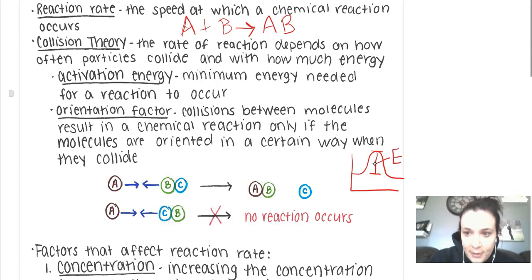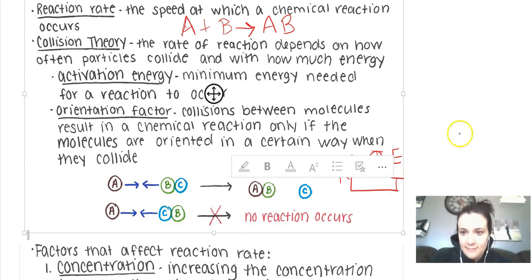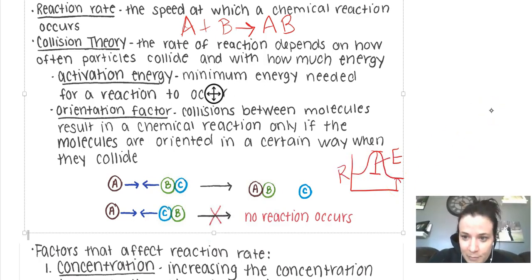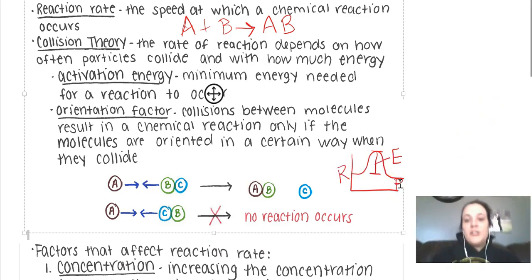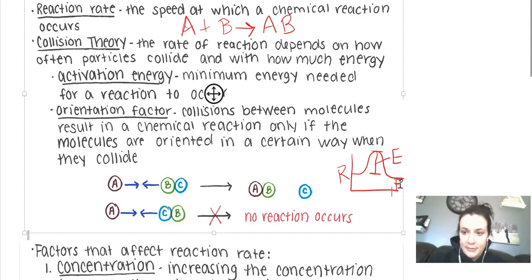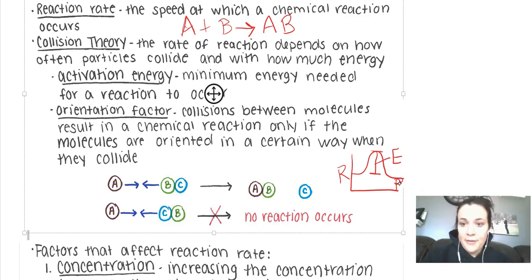So E is for energy. The reactants are over here on the left, and the products are over here on the right. So in order for a reaction to occur, in order to change from the reactants on the left to the products on the right, we need to put in a certain amount of energy to reach that activation energy.